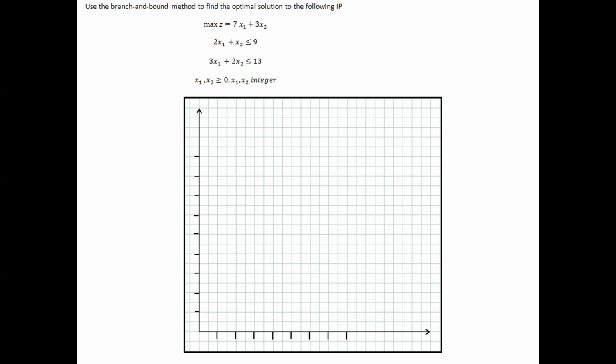So this is an additional example for the application of the branch and bound algorithm for solving integer programming problems.